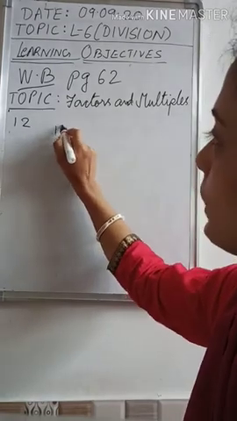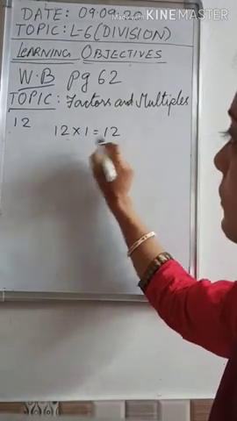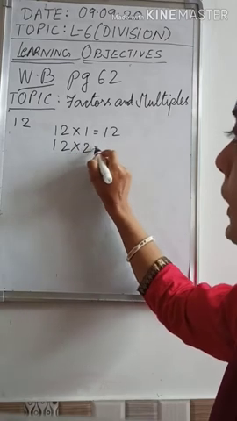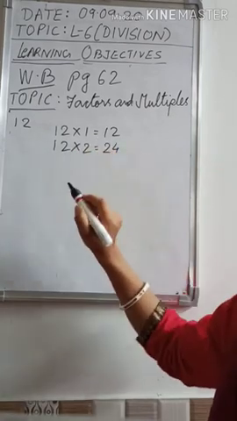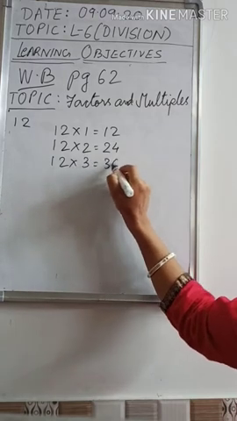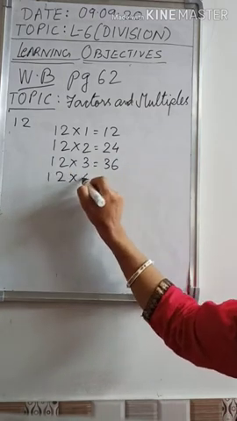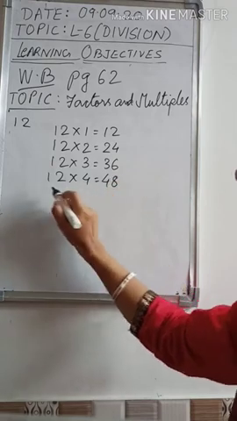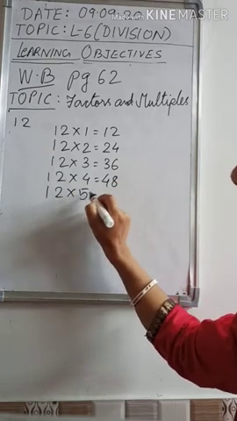So 12 1s are 12, 12 2s are 24. We are asked to find the first 5, so we will do till 5. 12 3s are 36, 12 4s are 48, 12 5s are 60.